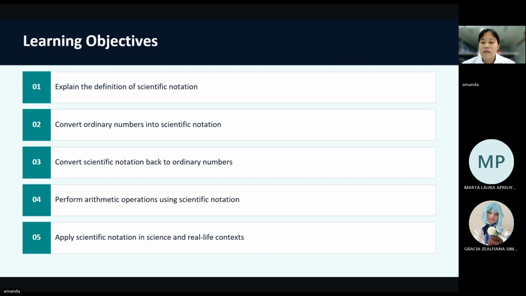And fifth, you will be able to apply scientific notation in real life science contexts like astronomy, biology, chemistry, and physics. These are your goals for today. Let's move to the first topic.